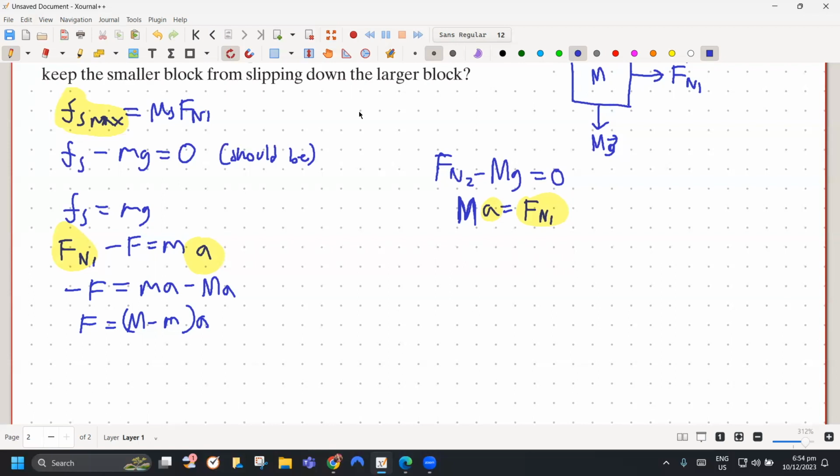Yung Fn1 dito, magnitude yan, di ba? So sinasabi mo, from your first equation, the normal force acting on small m from big M is to the right, while the applied force is acting to the left.